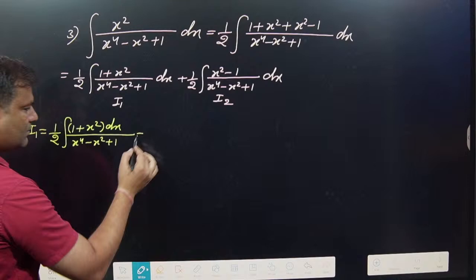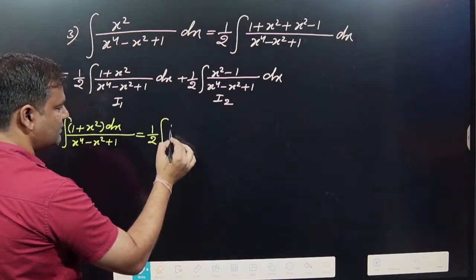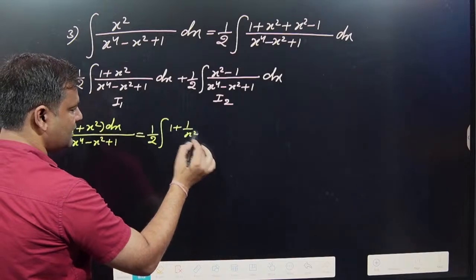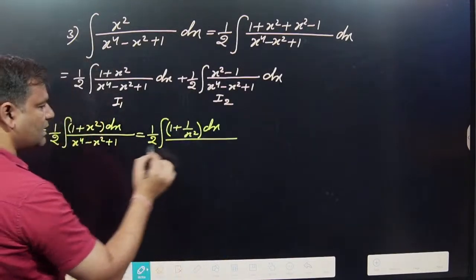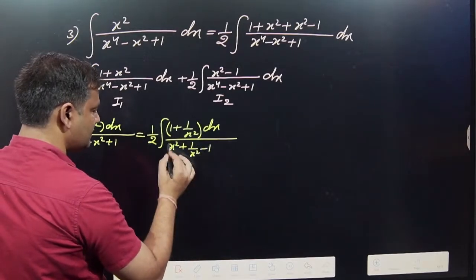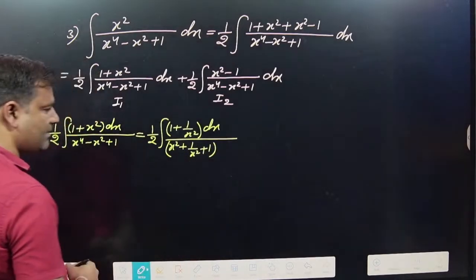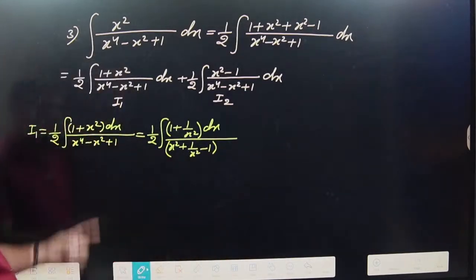Now divide by x square, then this is 1 plus 1 by x square into dx divided by x square plus 1 upon x square minus 1.